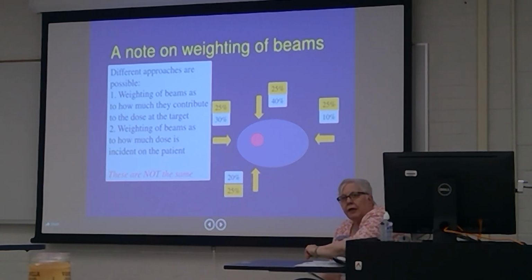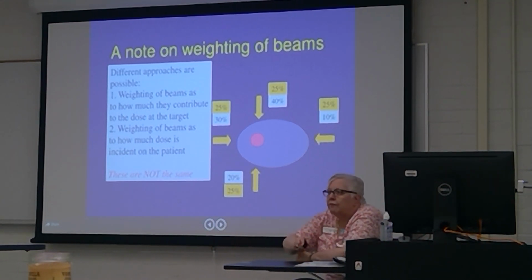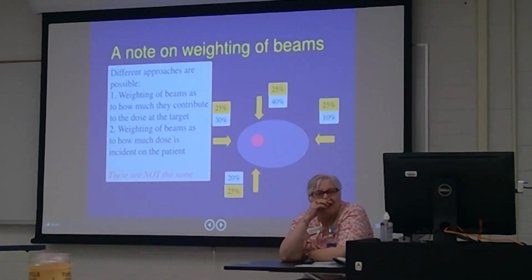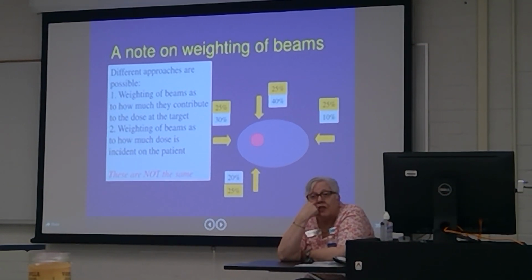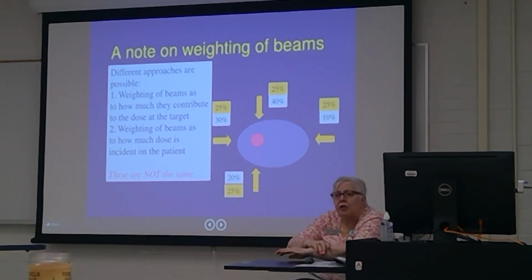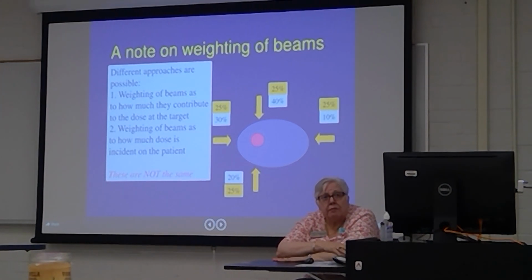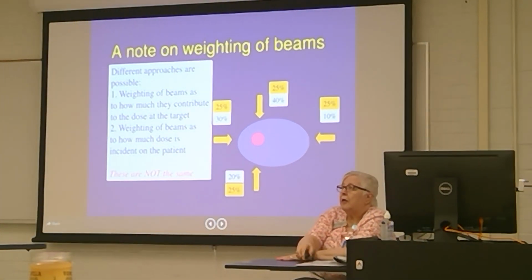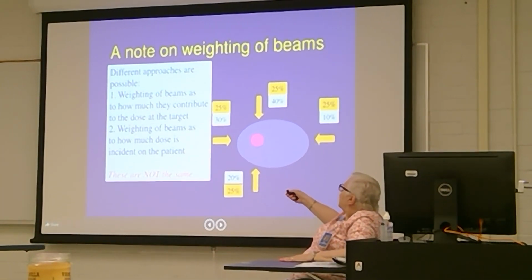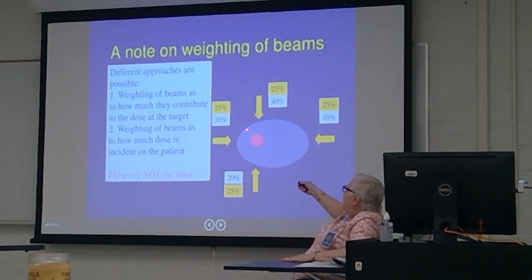Incident dose is what? I don't think we've actually gone over what incident dose is. What's another name for incident dose? You've maybe heard it called given dose. It's the dose that is given to the patient that comes out of the beam.